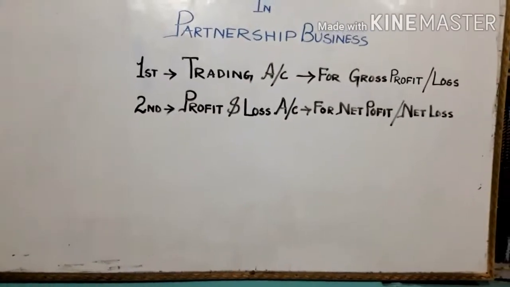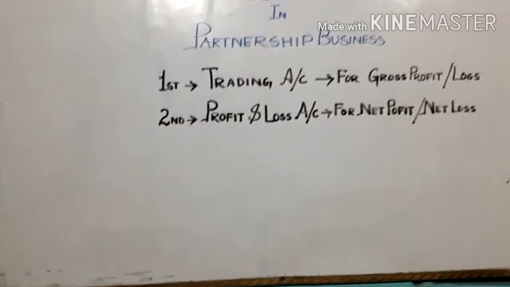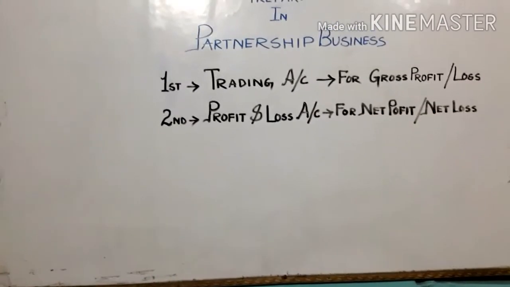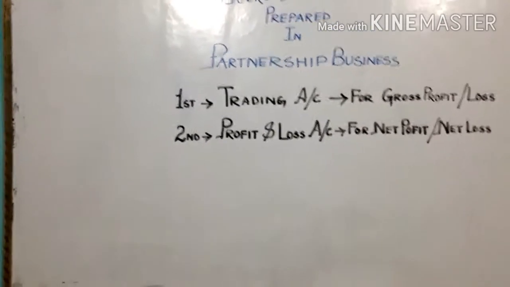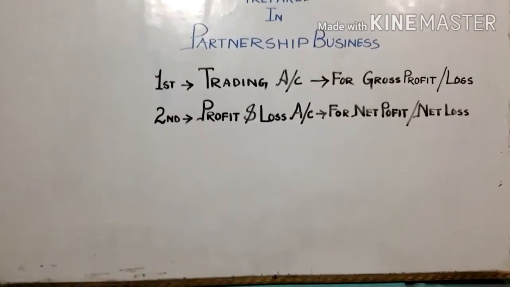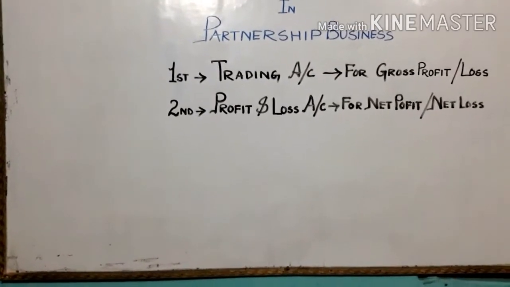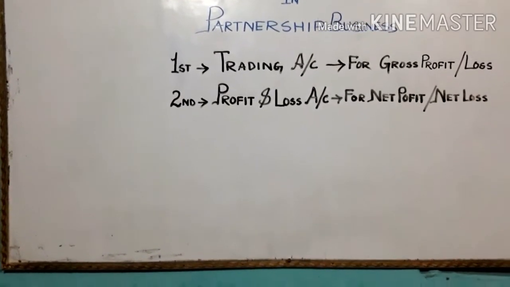Now, what to do with this net profit and net loss in case of partnership business? In case of sole trade business, you all know that after the profit and loss account, you prepare the balance sheet. But here we will stop.